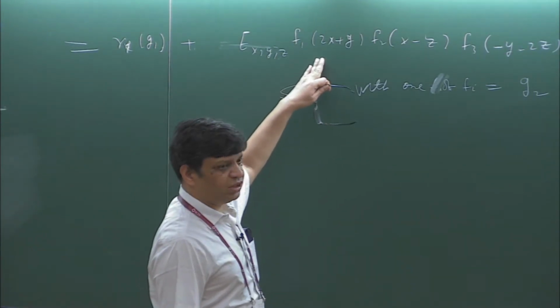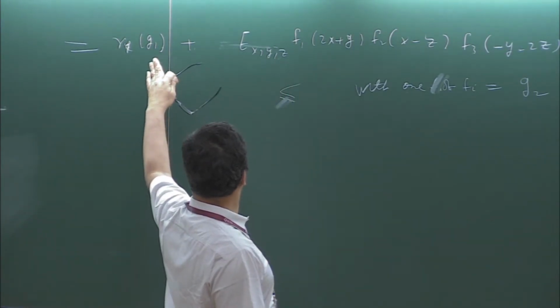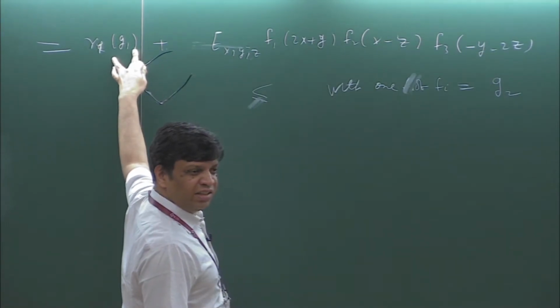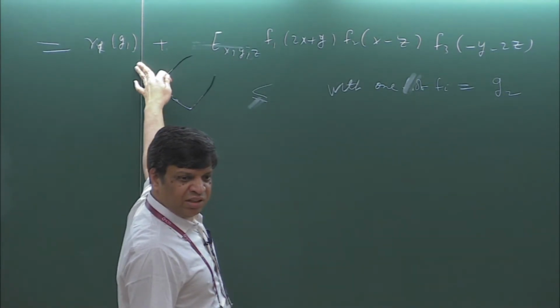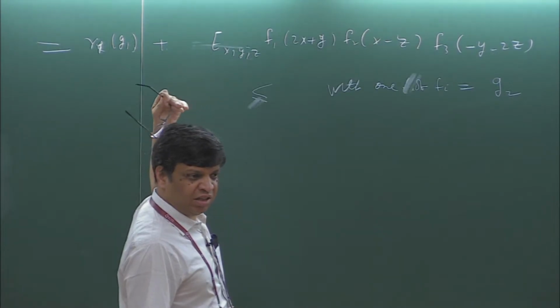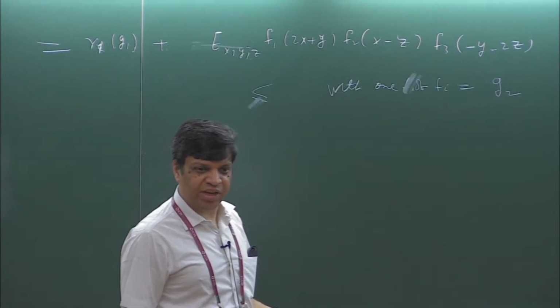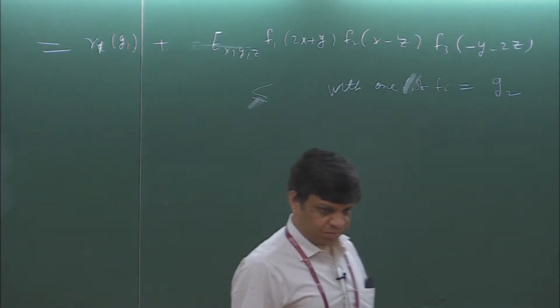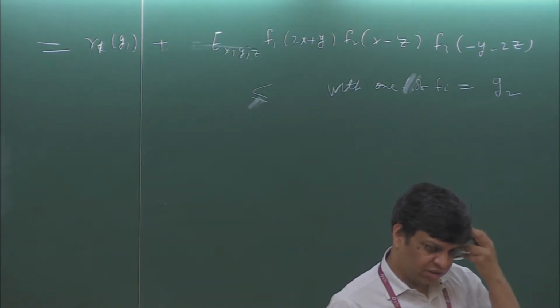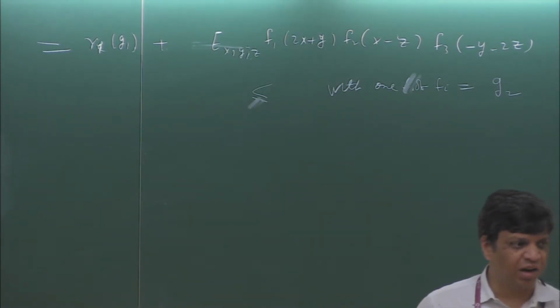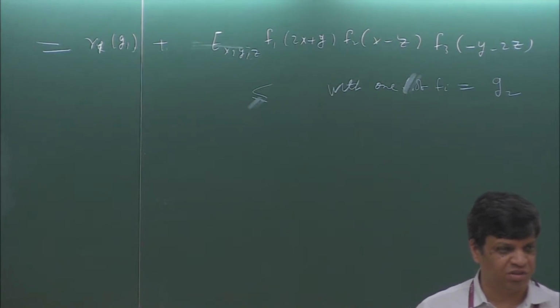So all this contribution is small. Therefore the main term dominates, and gamma k of g is nearly equal to gamma k of g1, provided that all the gi's are bounded by an absolute constant.